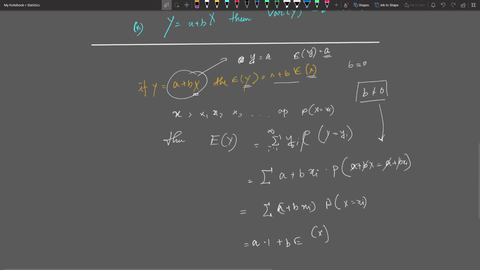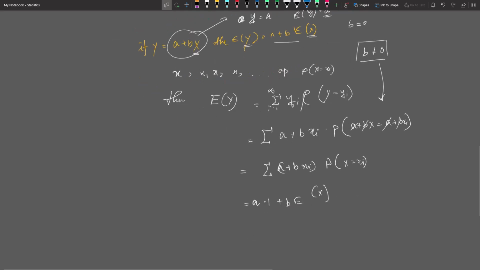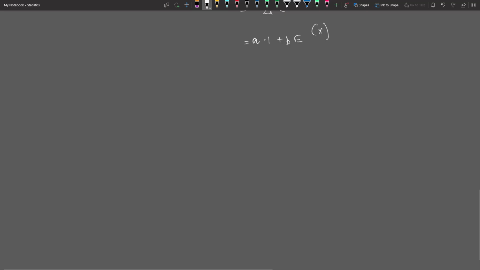Take a screenshot or note it down, and after that I am going to another proof, that is the product law of expectation. This is also a well known theorem.